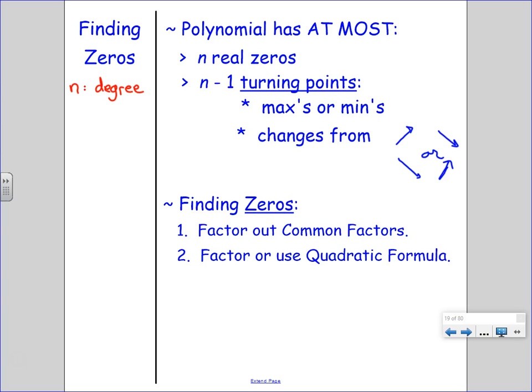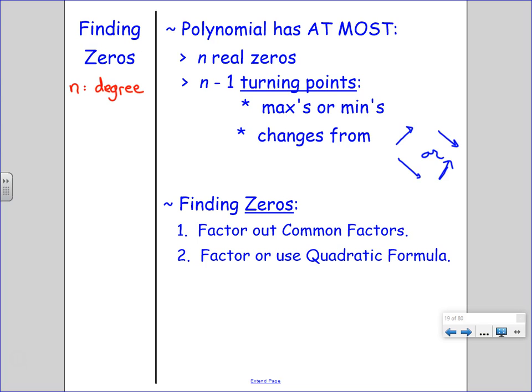For a quintic, the degree is 5, etc. So when I say a polynomial has at most n real zeros, if I had a cubic, the degree is 3. How many zeros at most will a polynomial have? Yeah, n, so 3. If I had a quartic, that means the degree is 4. That polynomial would have at most 4 real zeros.